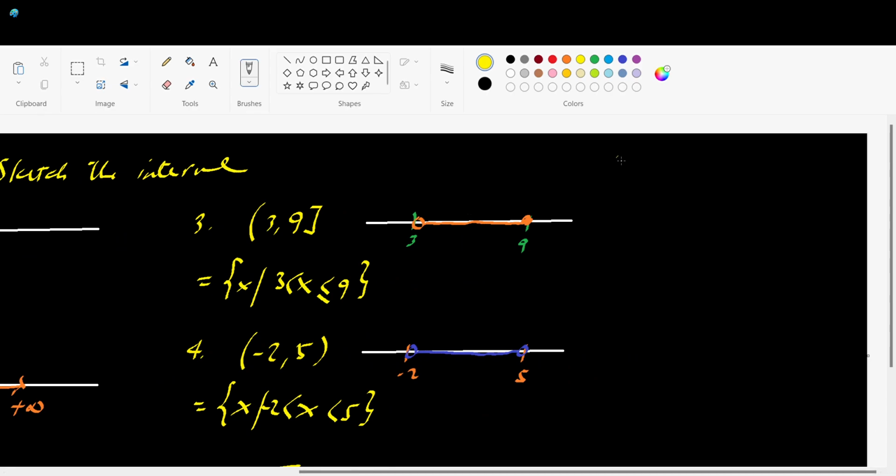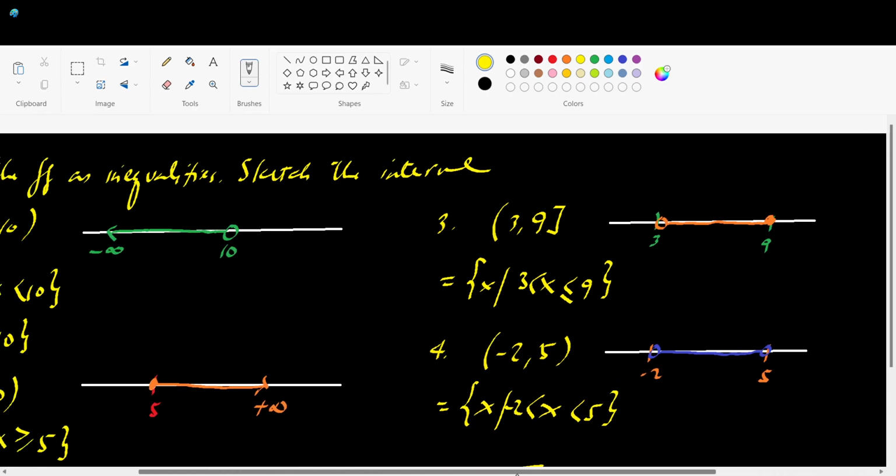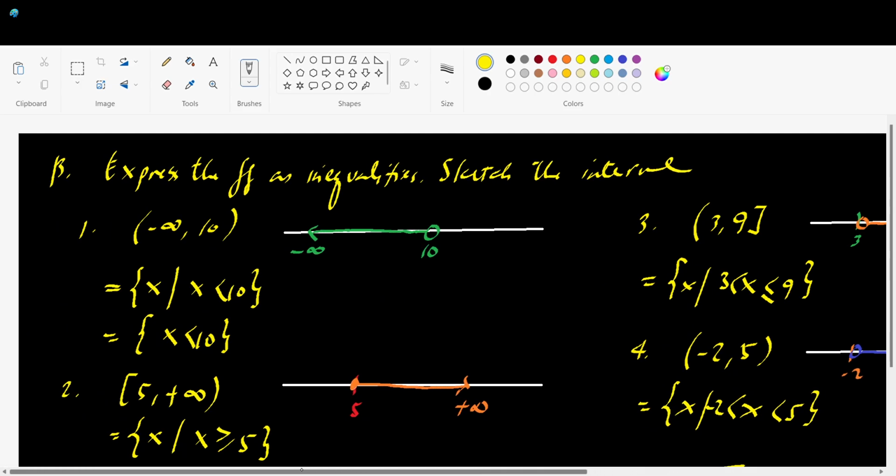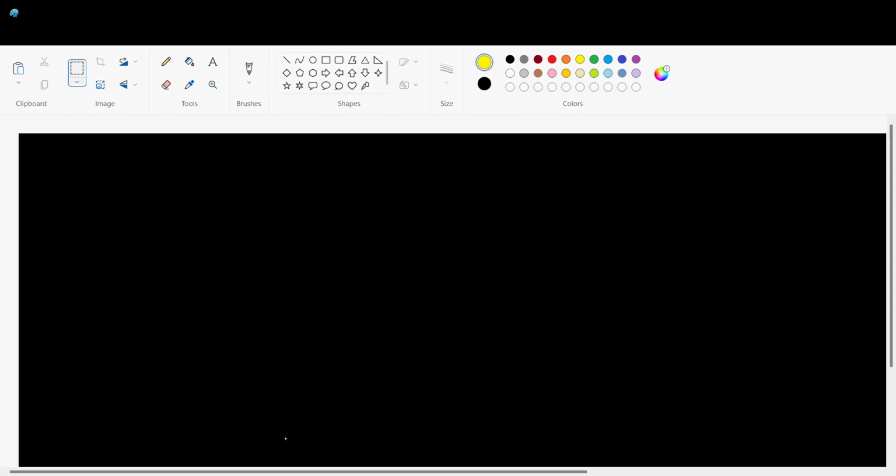So work on the following exercises. Convert the following to interval form.